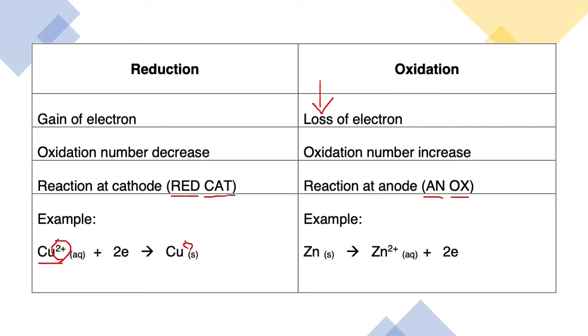As you can see in the example here, solid zinc initially has the oxidation number 0, but after the reaction it produced zinc ion, which has the oxidation number 2 plus. So always remember, red cat, reduction happens at cathode, and anox, oxidation happens at anode.